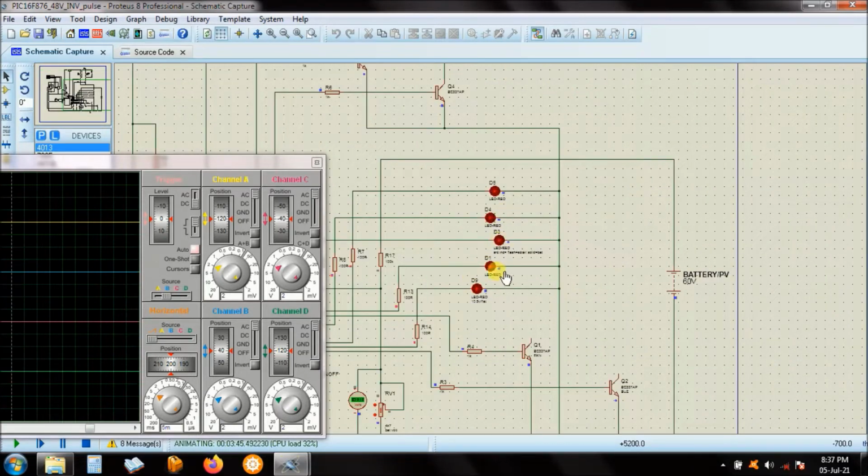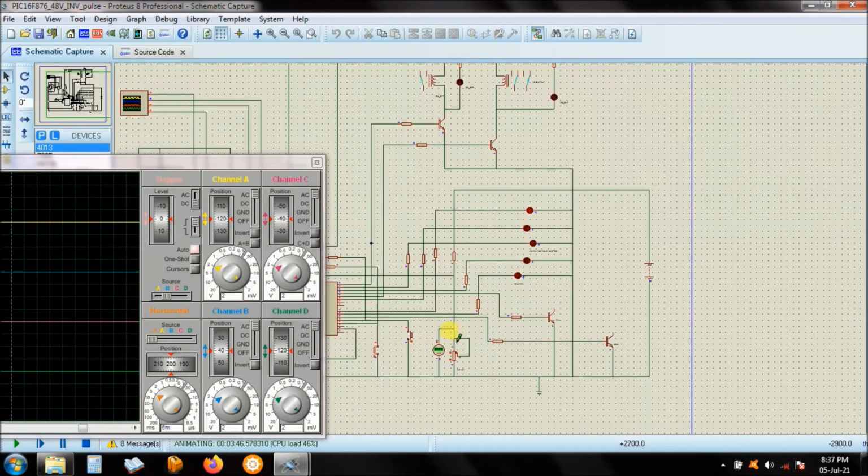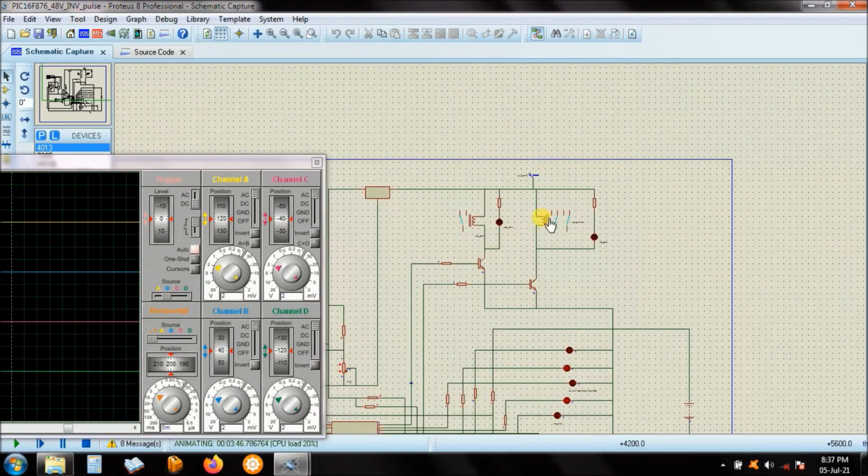Okay, they are flickering, but the LEDs run at a higher frequency, on and off, so they look solid on. These LEDs are solid on to the eye, but behind that they are actually switching on and off very fast. And the same still happens here.